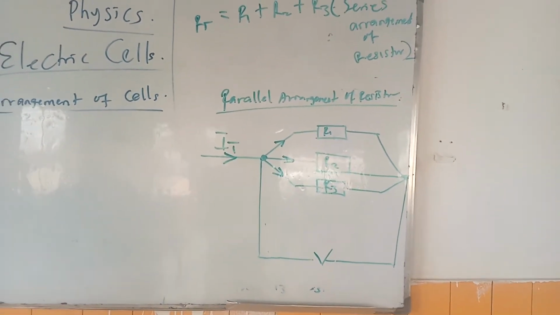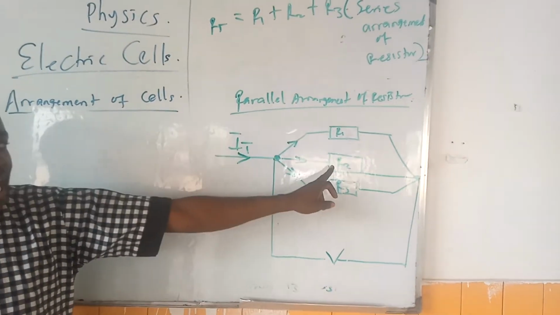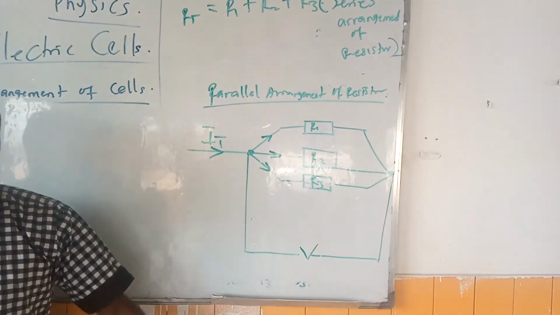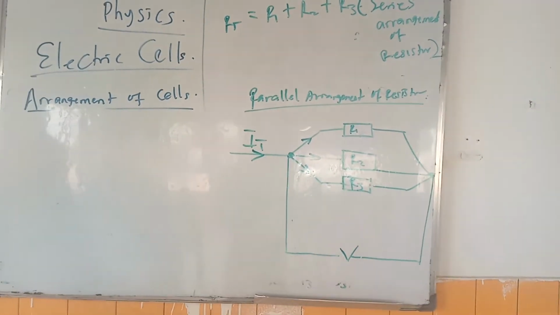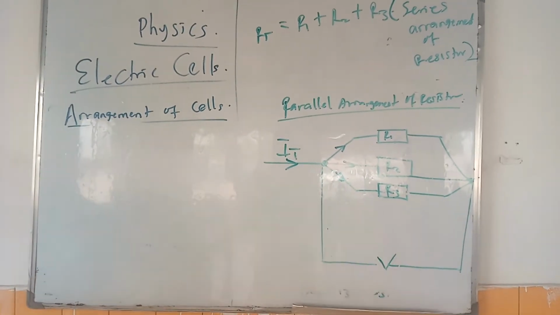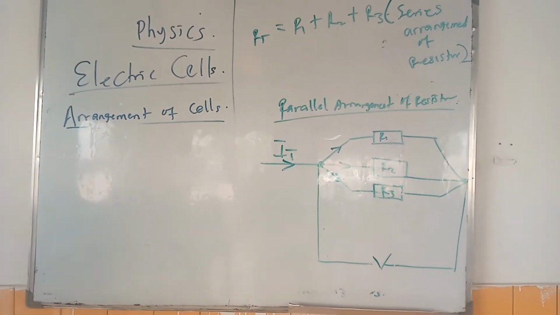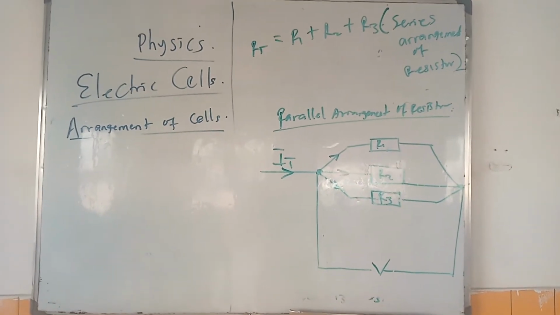Are you getting it down? So the current entering R1, R2, and R3 are different, while for potential difference it is the same for parallel arrangement. But for series arrangement, it is different. Do you understand?